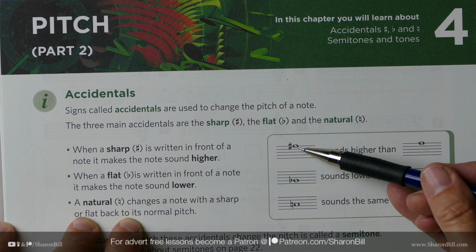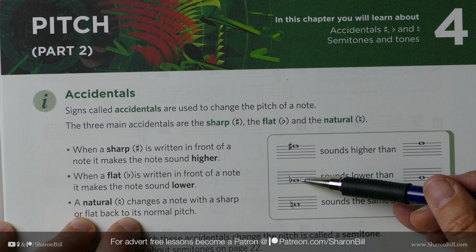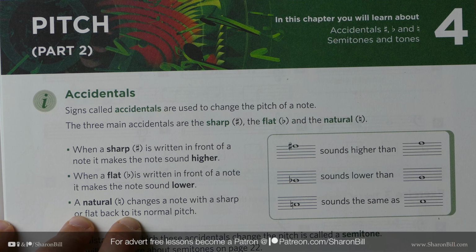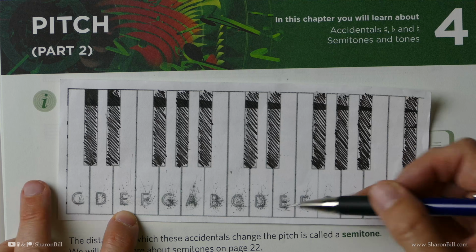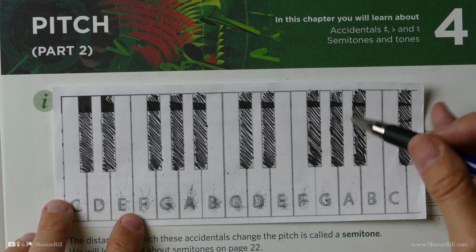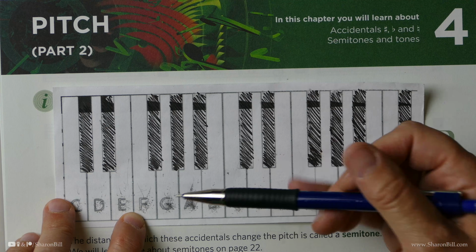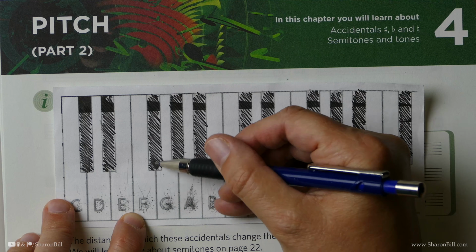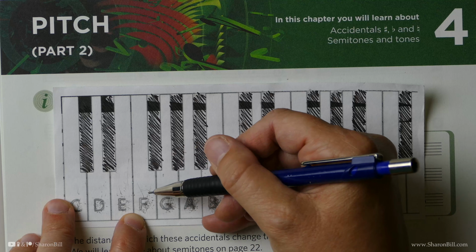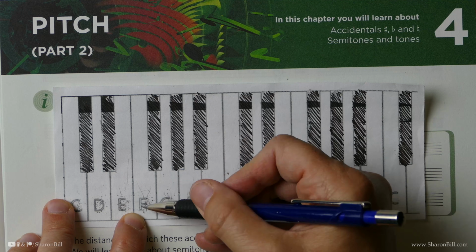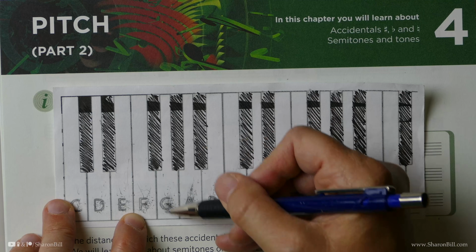A sharp raises, a flat lowers, but it's no good just saying higher or lower, because how much higher, how much lower: 3 notes, an octave, whatever. It raises or lowers by a semitone. We'll look more into semitones, but for now it's worth knowing that it's the very next door note on the piano keyboard, regardless of whether it's white to white, white to black, black to white, or so on.